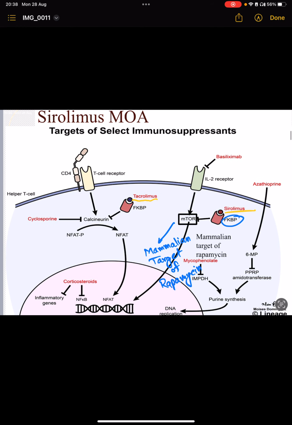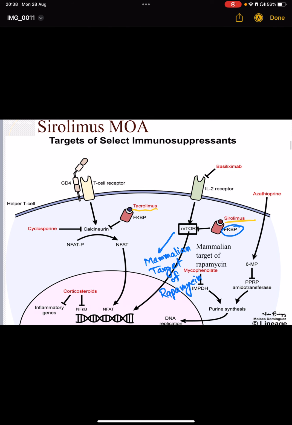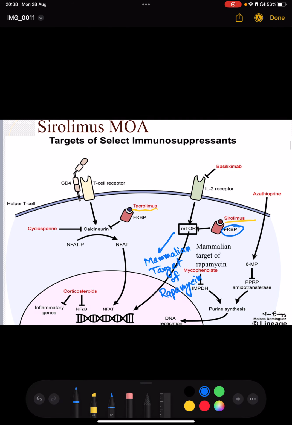So this gene mTOR is literally just called the mammalian target of sirolimus. Very creative name, I know. So sirolimus acts on FKBP, which in turn acts on the mTOR gene.